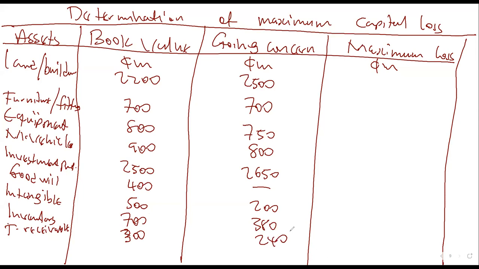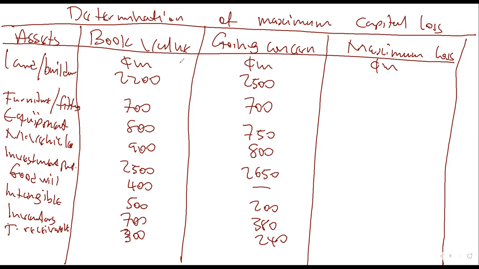That's all. Now let's all take our calculator. Let's do the mathematics together. We are going to find the maximum loss. To compute the maximum loss, all you have to do is subtract.